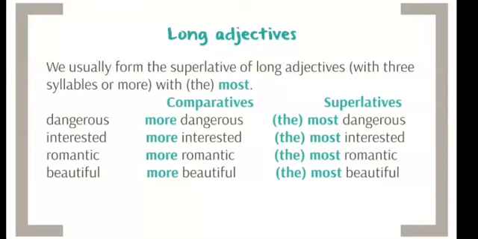Pero la diferencia del superlativo es que siempre antes de la palabra most vamos a agregar la palabra the. Y vamos a decir the most dangerous, the most interested, the most romantic, the most beautiful. ¿Por qué? Porque estos adjetivos tienen tres o más sílabas. Okay, let's continue.